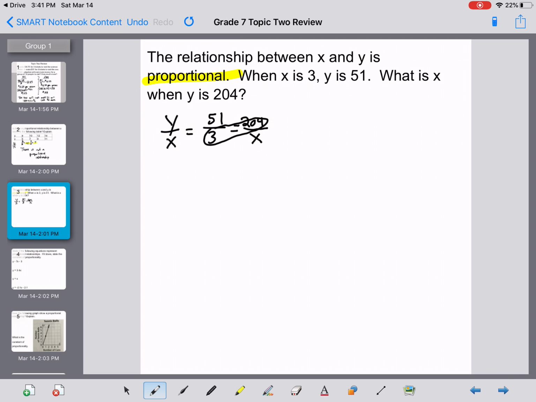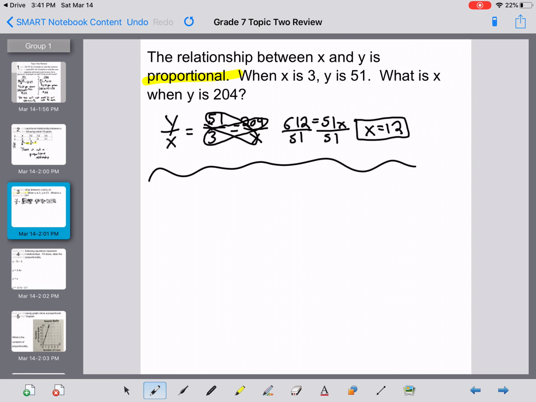So now I can just cross multiply. 204 times 3 is equal to 612, and 51 times x is equal to 51x. I can divide both sides by 51. 612 divided by 51 is 12. So I have x is equal to 12.